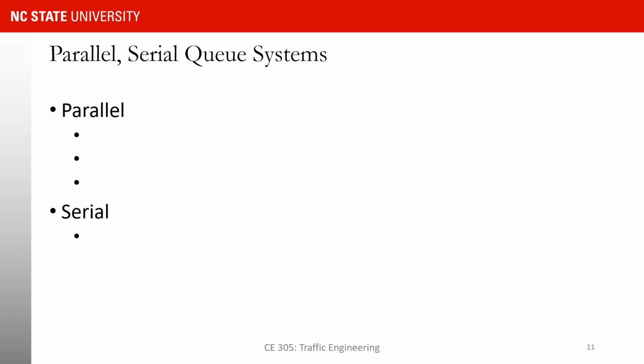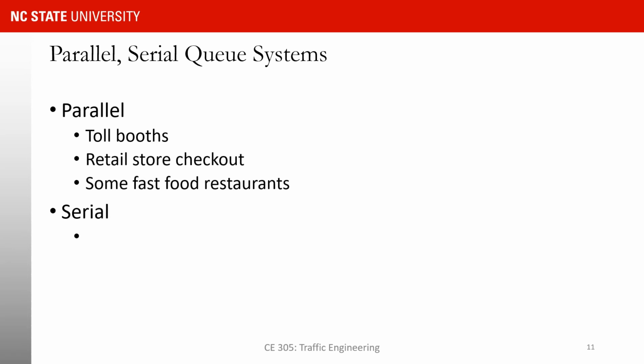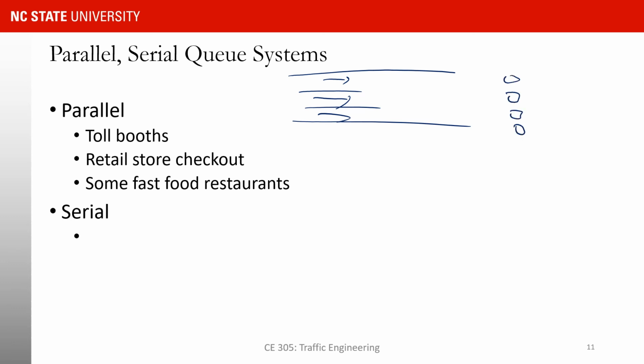Also, I want to talk about some examples of parallel or serial queuing systems. Can you think of good examples where you have parallel servers? Well, if you have several toll booths, let's say you have a freeway, and at the end you have several toll booths.